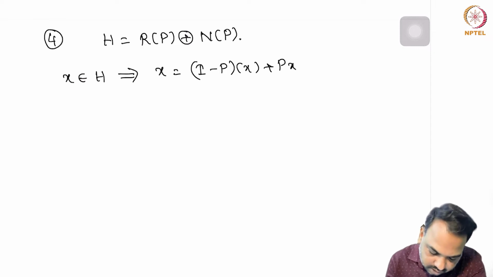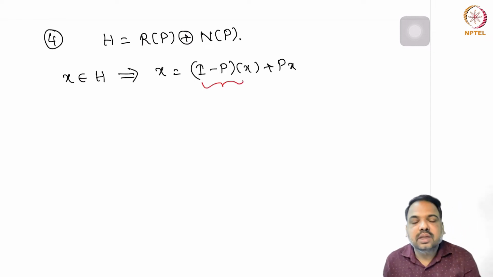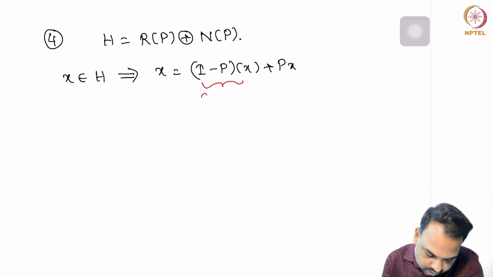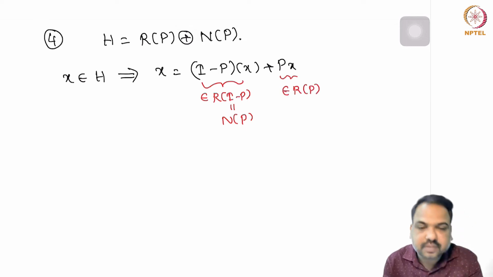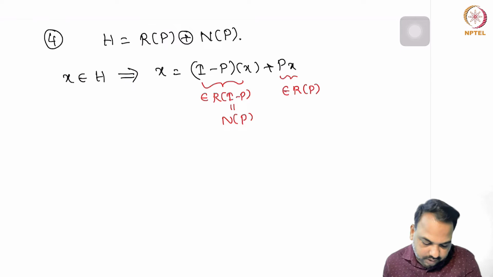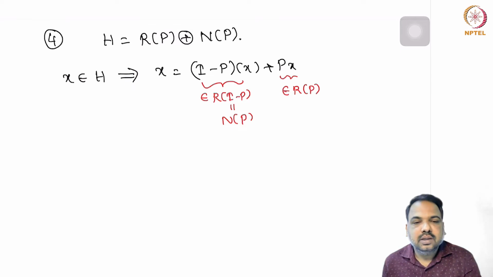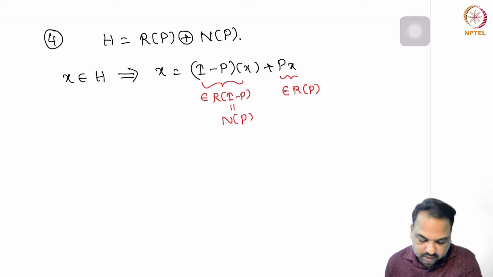Now we observe that the element (I minus P)x is an element of range of I minus P, but we have observed that this is exactly null space of P, and anyway Px is an element of range of P. So H can be written as range of P plus null space of P.